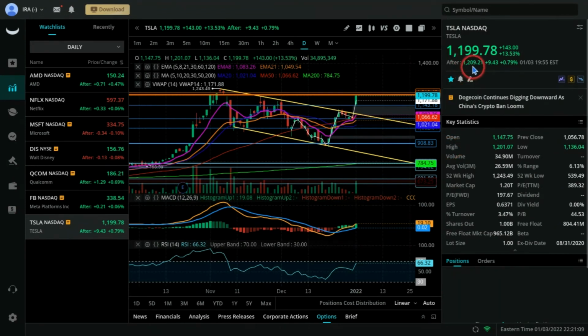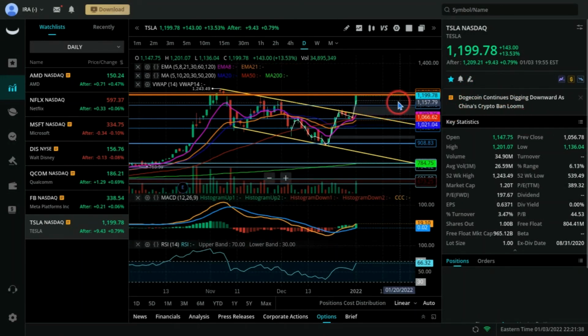But aftermarket's at 1209. So you can play it off the first break of resistance, which would be 1214. And then the next resistance is 1224. So you could be in it for a good 10-point move before it gets to the next resistance.